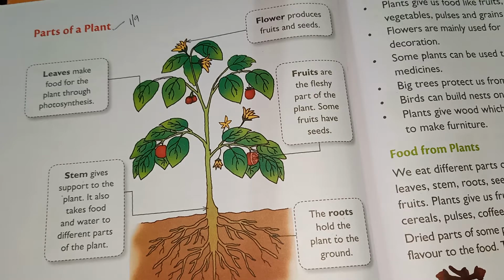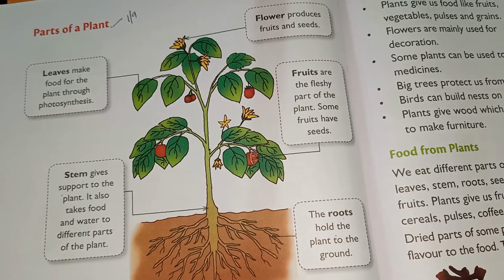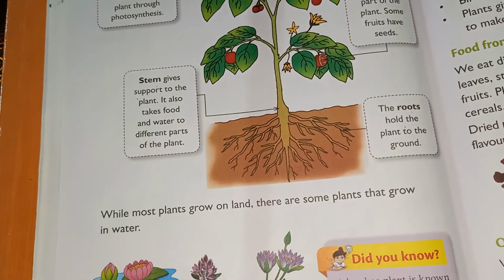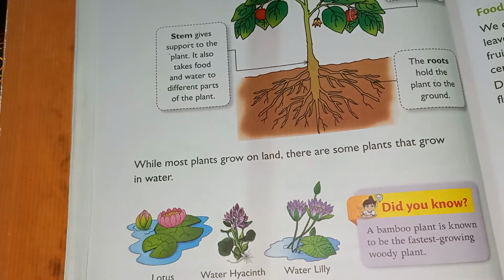Now we also learned that plants grow in different environments. Some plants grow on fertile soil, while some plants grow on very dry soil. For example, cactus grows in the desert area where the soil is very dry. And there are some plants which grow well in water. For example, lotus grows well in water.